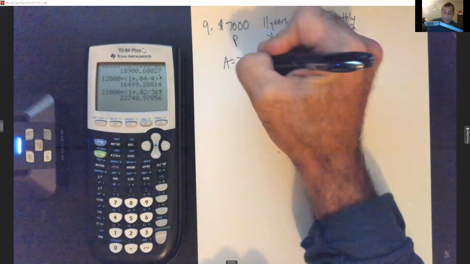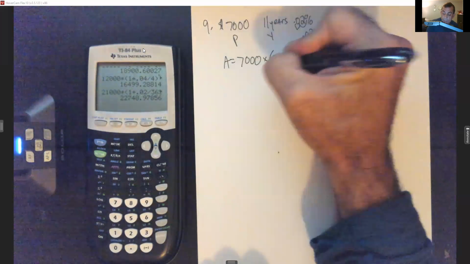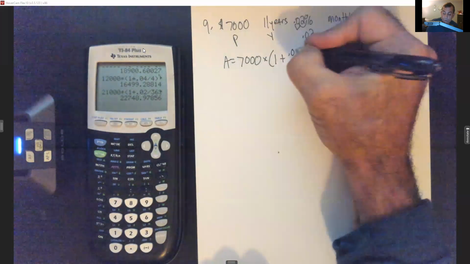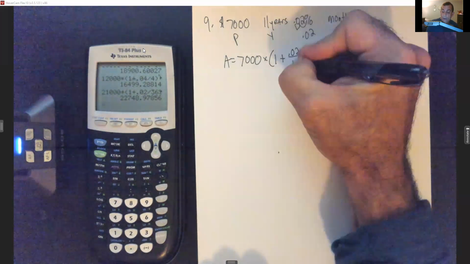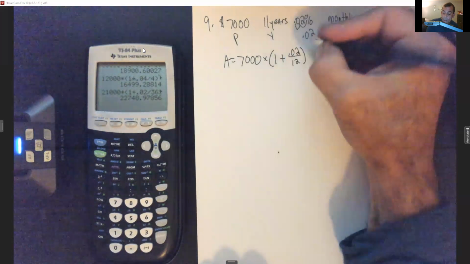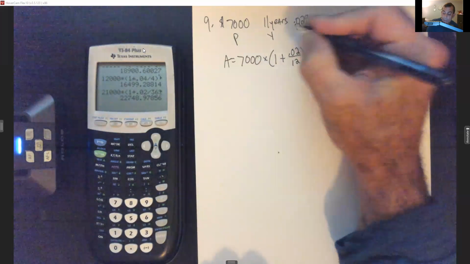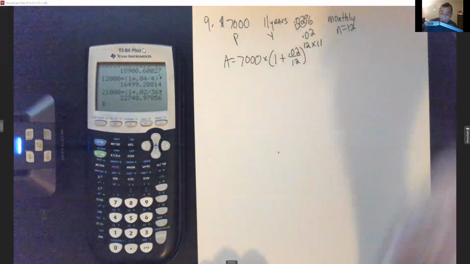7,000 times 1 plus 0.02, my APR, divided by N, which is 12, all raised to the N, which is 12, times years, which is 11.